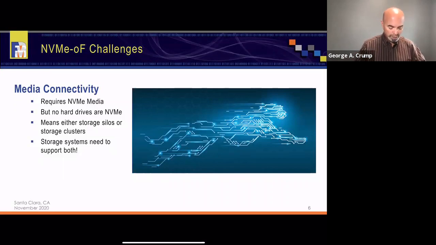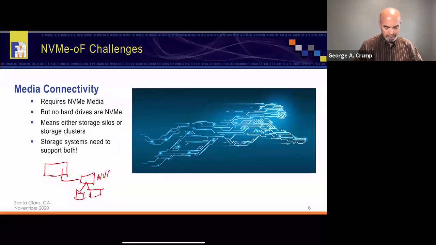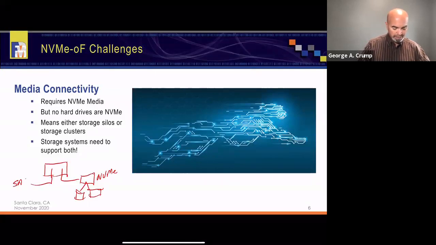And in a perfect world, what you really want is a storage system that can support an NVMe fabric on one end out to different disk devices, and then on the other end, still be able to support maybe legacy SAS connectivity for hard disk drives and things like that. So that becomes very critical as well.